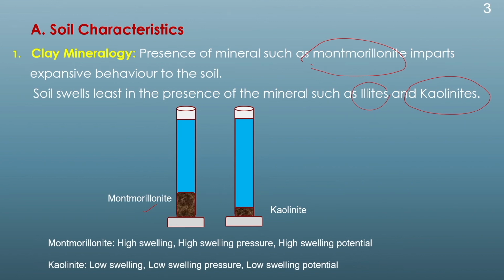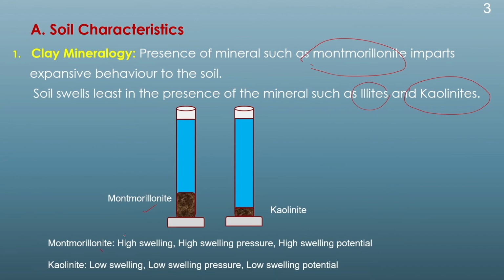In this diagram we can see two soils, one montmorillonite and another kaolinite, being kept inside two tubes, and water is placed over them. We can see the montmorillonite is swelling to a higher value in comparison to kaolinite. So, if a soil consists of the mineral montmorillonite, the swelling will be more, and if it consists of a least swelling mineral, say kaolinite or illite or any other mineral, the swelling will be less.